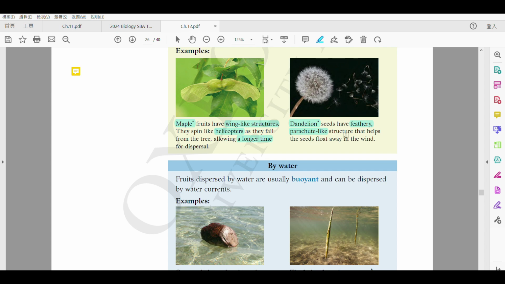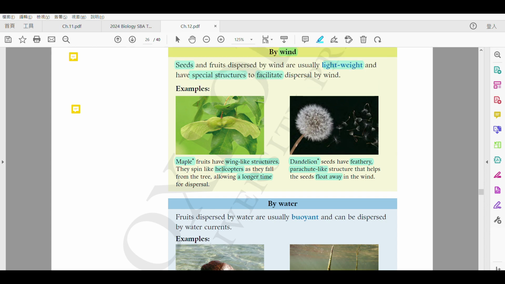So they are parachute-like structures that help them float away 啦，都係 for a longer time in the wind 啦，得唔得？So as you can see，第一樣嘢啦，they are both very light in weight，佢哋好輕㗎啦，and they have some special structures。例如你會望到 wing-like structure 啦，你會望到一啲嘅 parachute-like 嘅 feathery structure 啦。Okay?